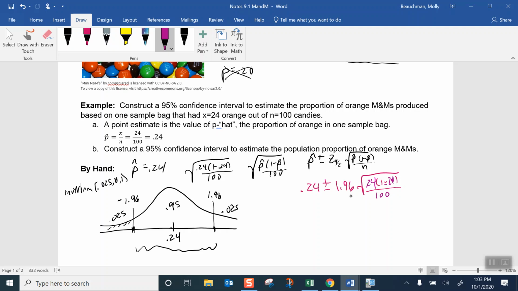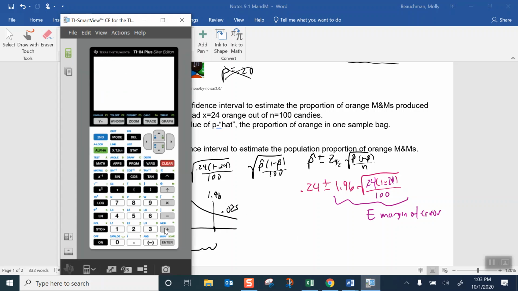Okay, this is called the margin of error. So if we put that on the calculator, I get 1.96 times the square root of 0.24 times 1 minus 0.24, which is 0.76, divided by my sample size of 100, and I get 0.0837.